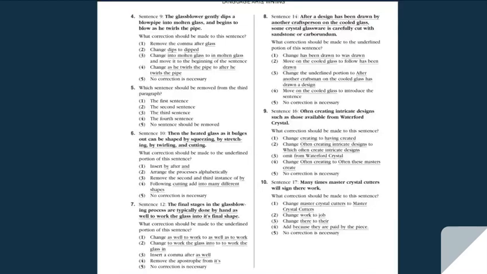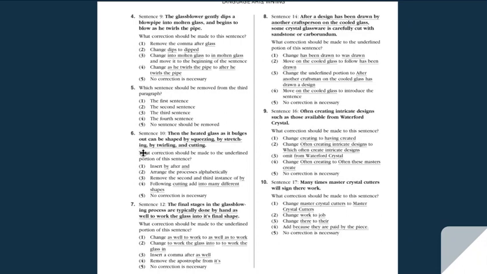Let's try another one. Question number 6 is about the same kind of question. Then the heated glass as it bulges out can be shaped by squeezing, by stretching, by twirling, and cutting. I'm sure you've already noticed the pattern change in this question.